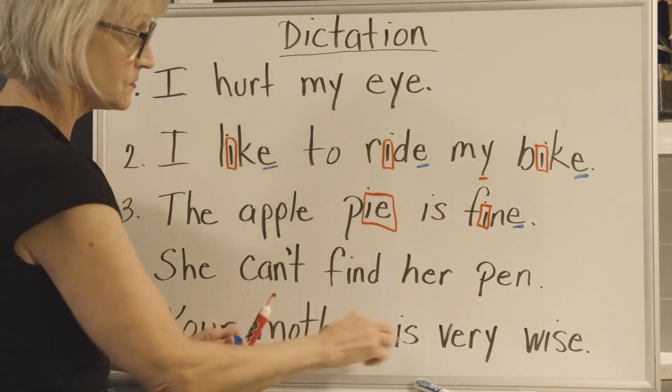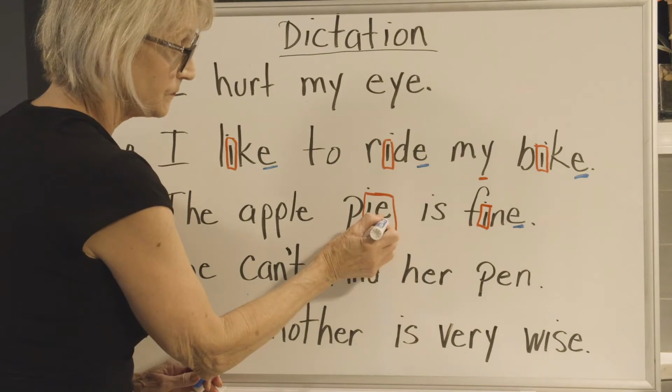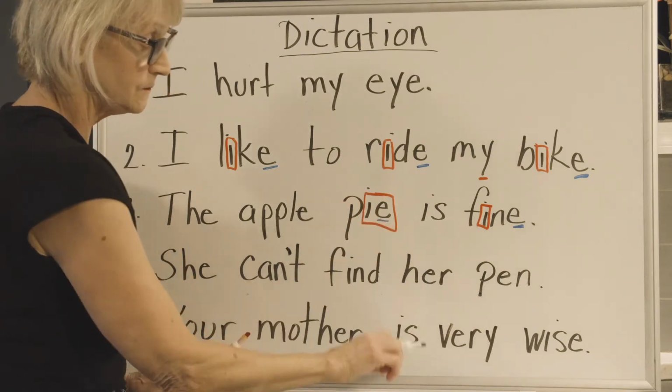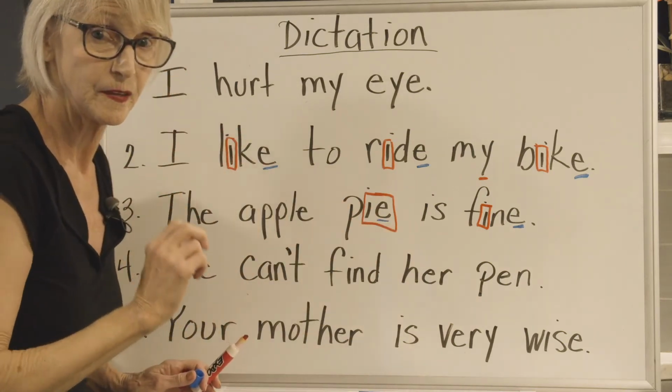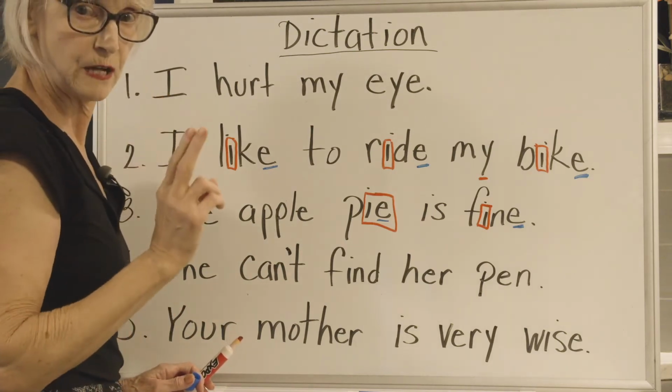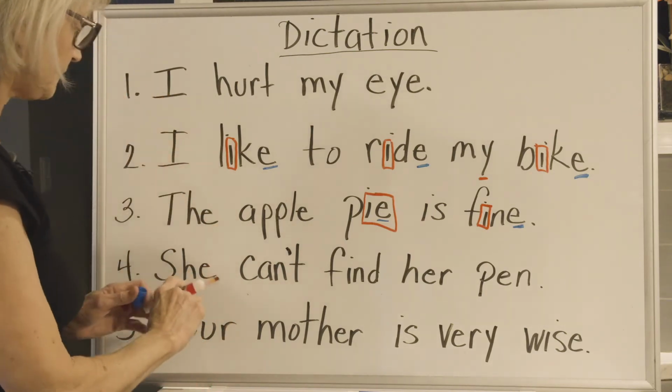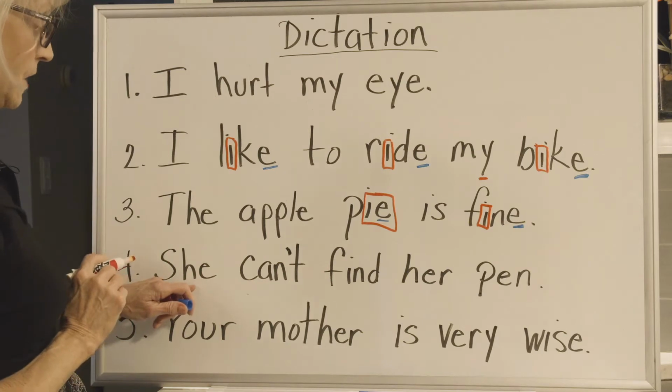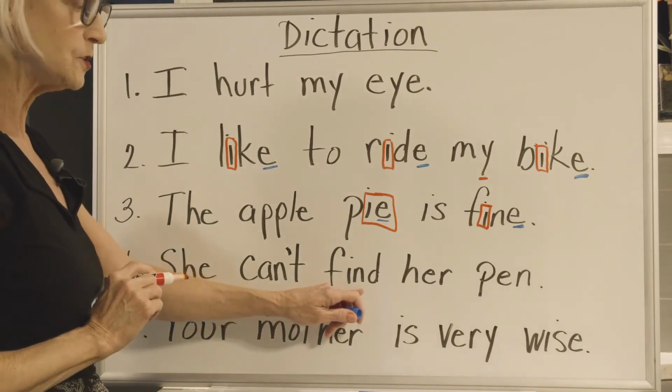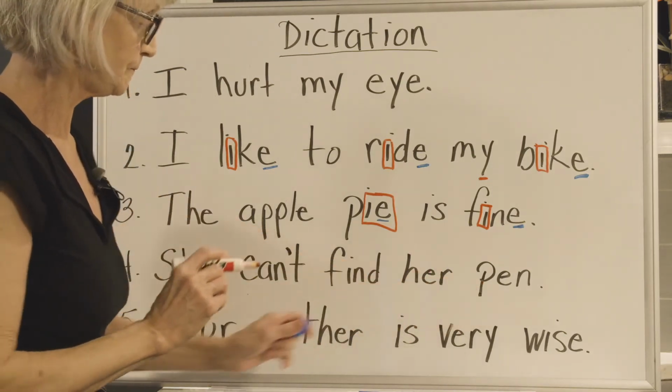So you could also say this is a silent E, but we consider it a diphthong. So it's 2 vowels together, 1 sound. Next one, she can't find her pen.